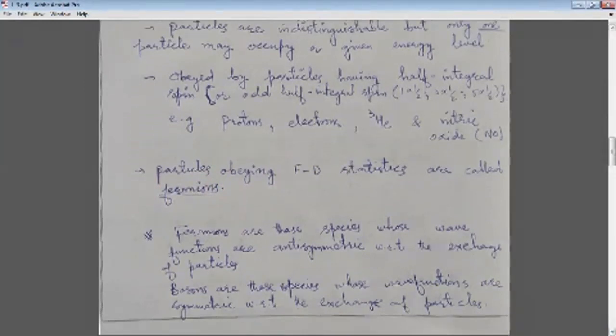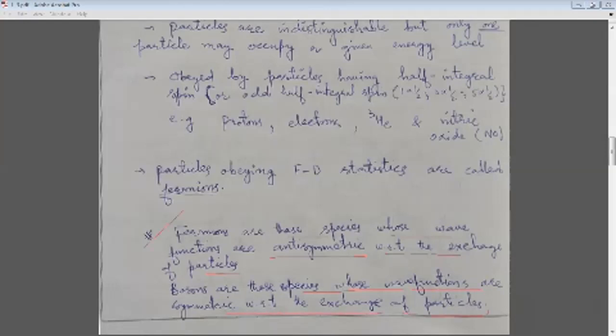In advanced studies or courses, you will study that fermions are those species whose wave functions are anti-symmetric with respect to the exchange of particles. This you will see further in quantum mechanics. And bosons are those species whose wave functions are symmetric with respect to the exchange of particles.